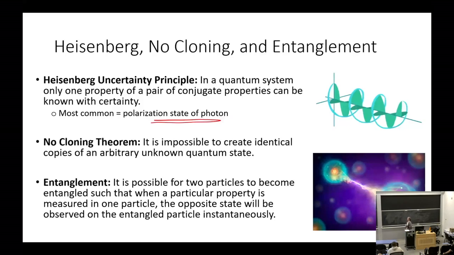And then the last big principle of quantum mechanics that we have to consider is entanglement. It's possible for two particles to become entangled such that when a particular property is measured in one particle, the opposite state or some other connected state will be observed on the entangled particle instantaneously, no matter how far apart the two particles are in space.